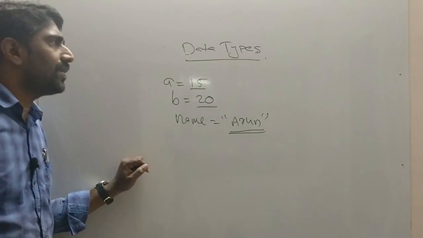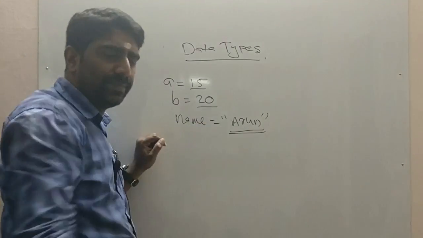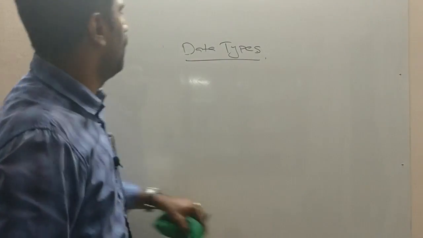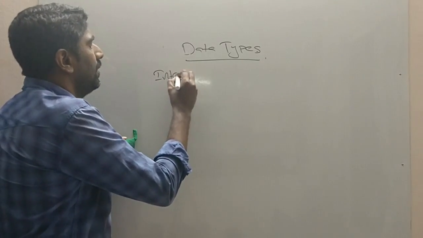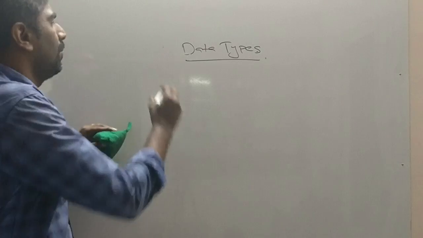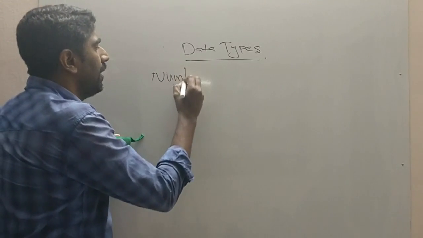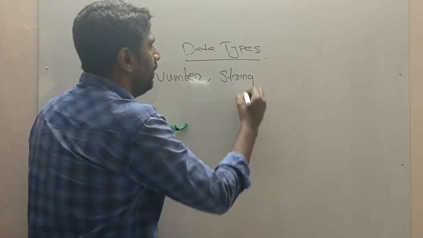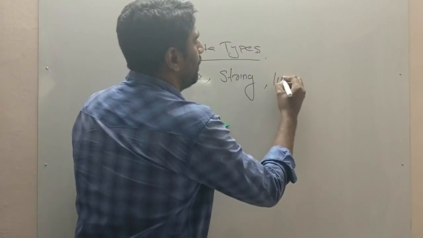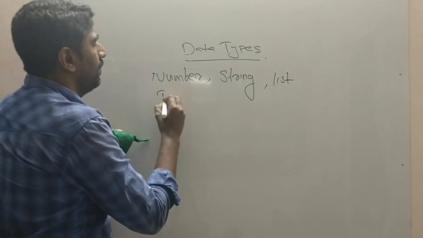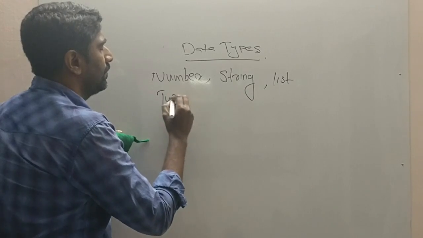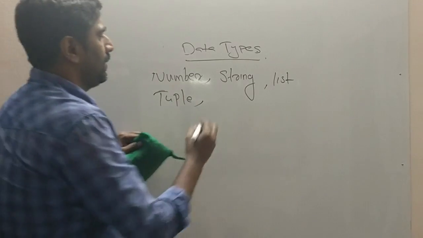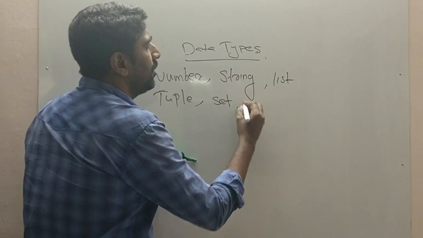So today we are going to discuss the data types in Python. The different data types used in Python are: integer, otherwise we can say a number, commonly called the number data type; then string data type, then list data type, tuple data type, then sets and dictionary.